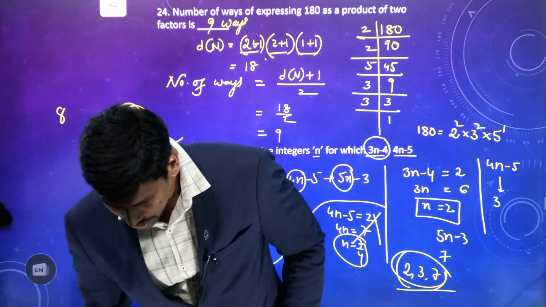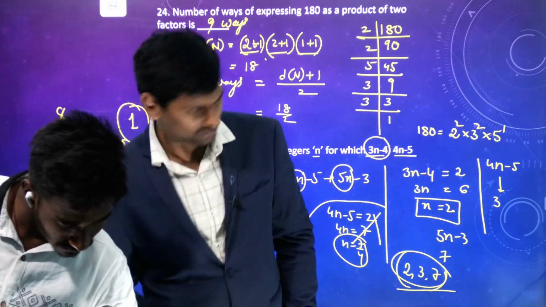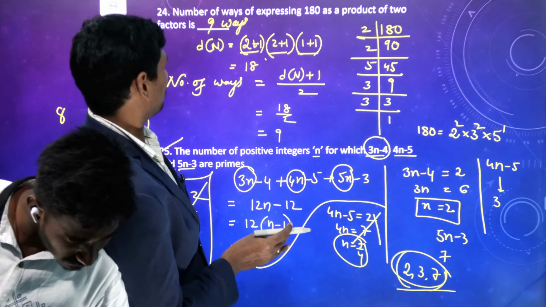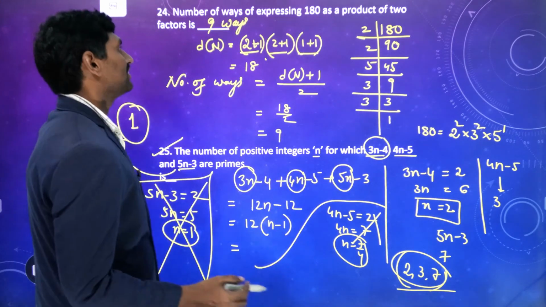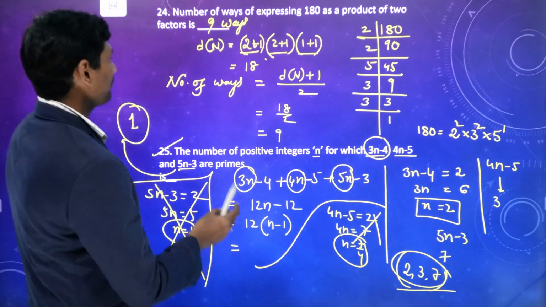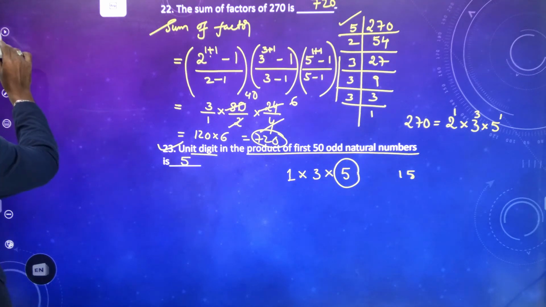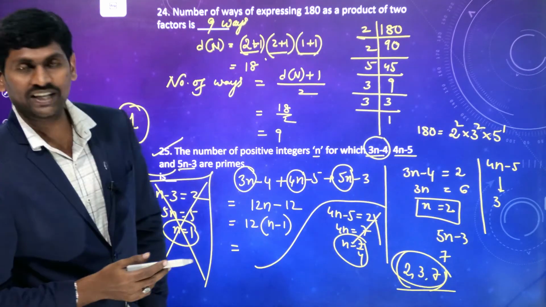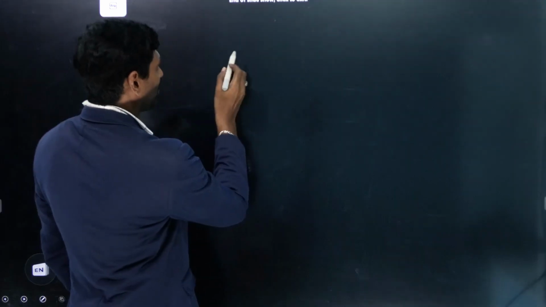24th problem, when you add 18 plus 1, we will get 19, but which one? 24. Once listen children. Nice question. So number of ways while we are expressing, we got number of divisors is 18.